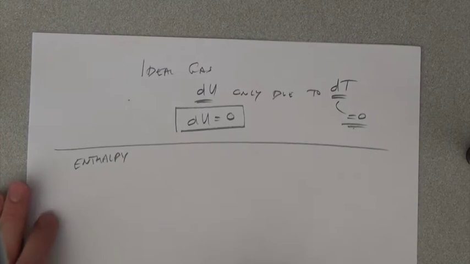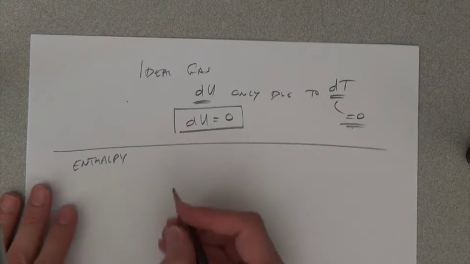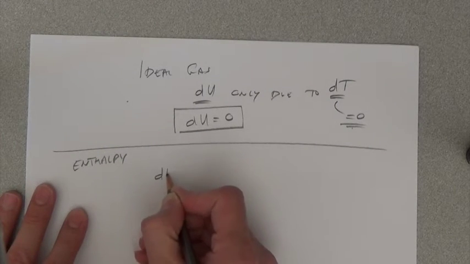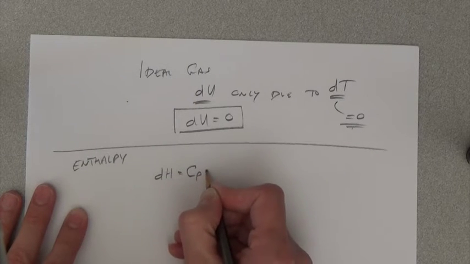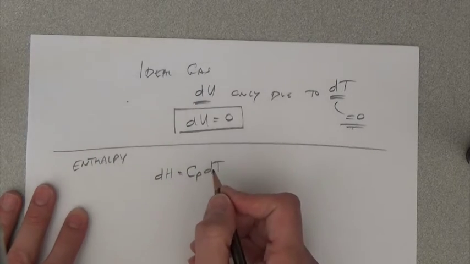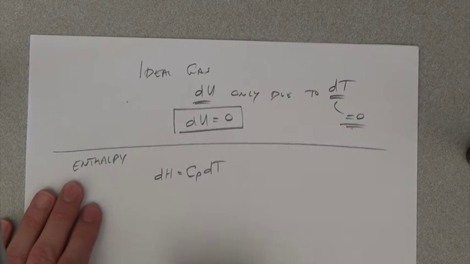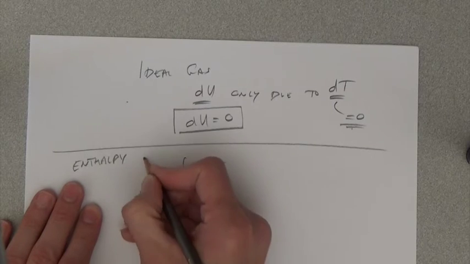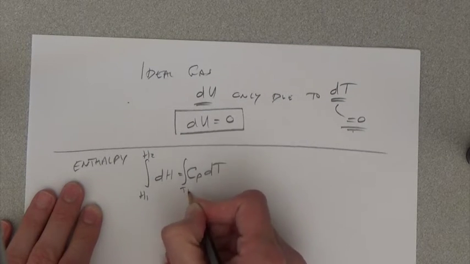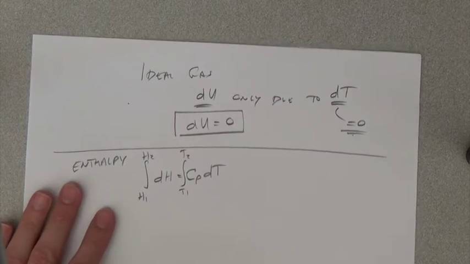And there's several ways you can get at that. One way is to say that dH is equal to Cp dT. And then we're going to integrate this from H1 to H2, from T1 to T2.